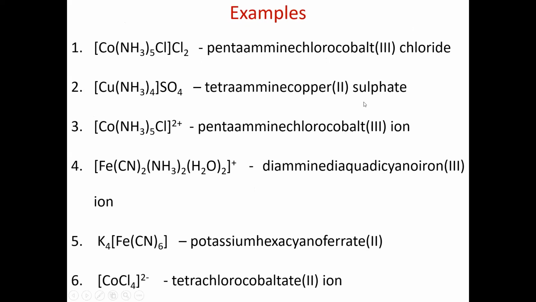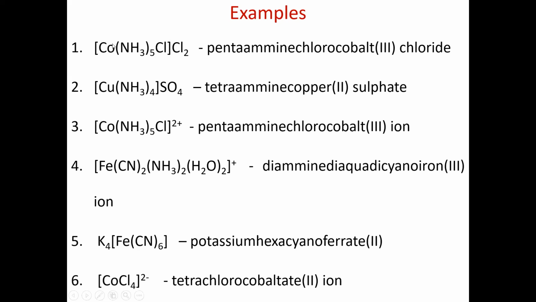So we are going to look at some examples. You look at this example, you see, it doesn't have any charge, but it's also in square brackets. So always make sure all the complexes are in square brackets. Now for this one, in naming, first of all, you name the ligand first.